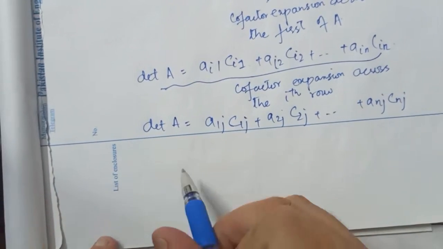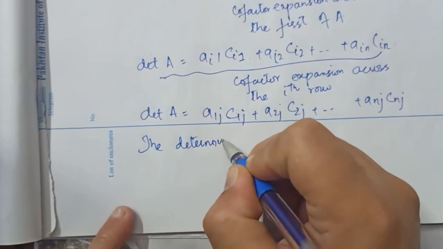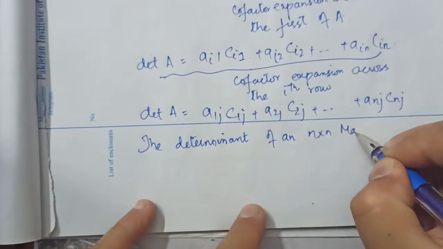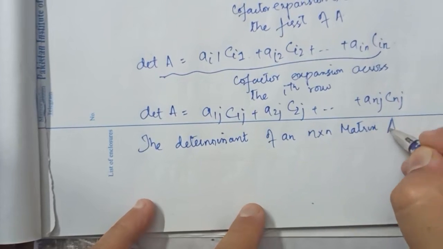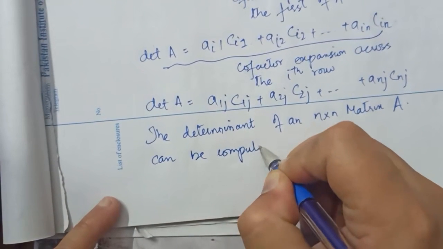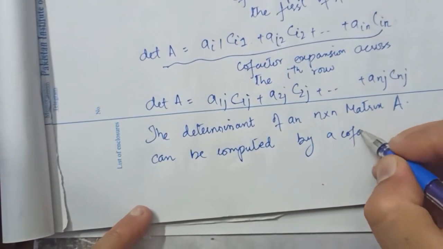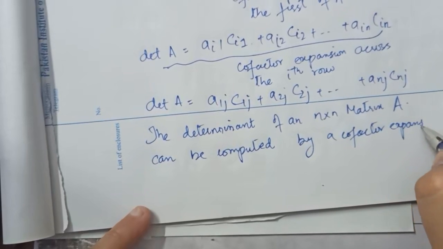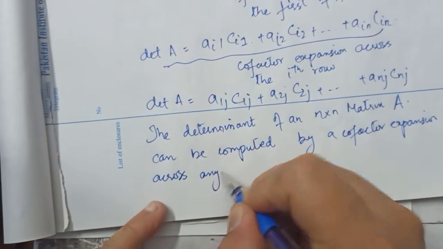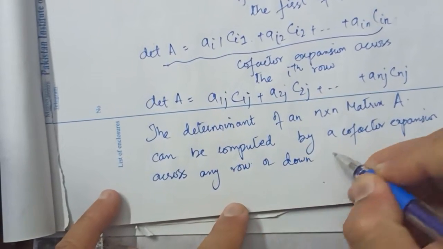So the thing we want to summarize here is that the determinant of an n cross n matrix A can be computed by a cofactor expansion across any row or down any column.